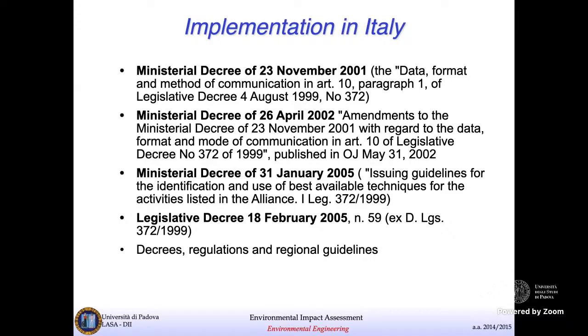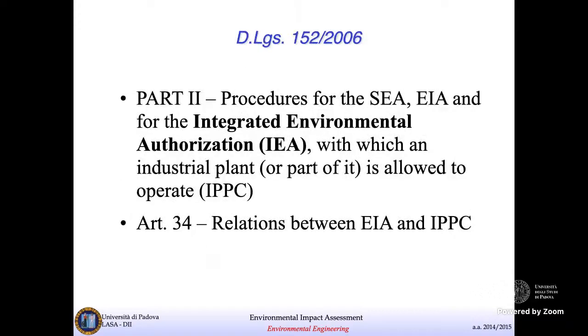Then there is a ministerial decree in Italy in 2002, which contains some amendments to the Ministerial Decree of 2001, and a Ministerial Decree of January 2005, issuing guidelines for the identification and use of best available techniques for the activities listed in Annex 1 of the Legislative Decree of 2005, number 59, and several decrees that contain regulation and regional guidelines for the implementation of this guideline.